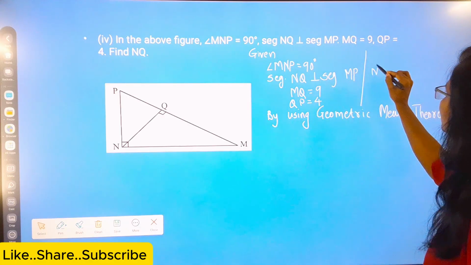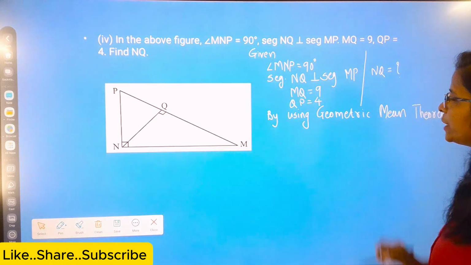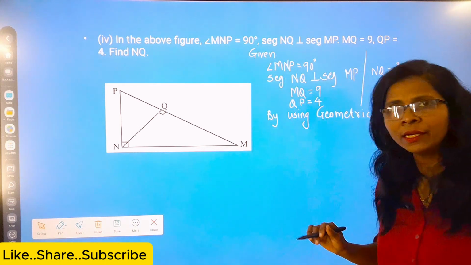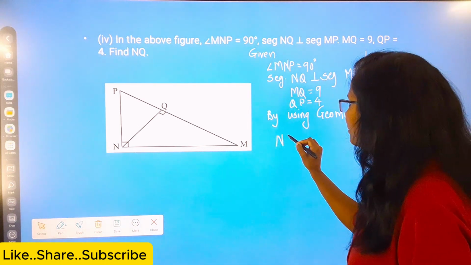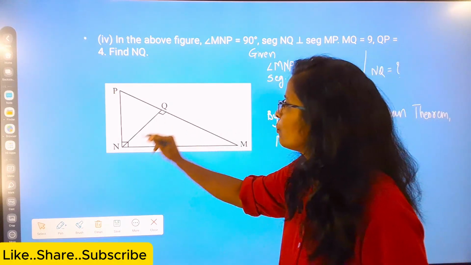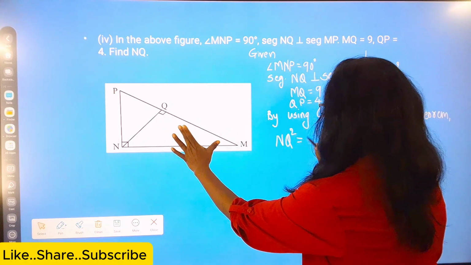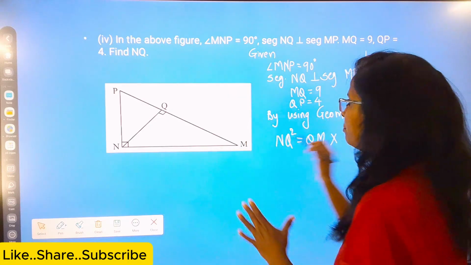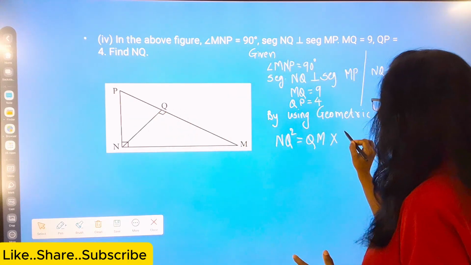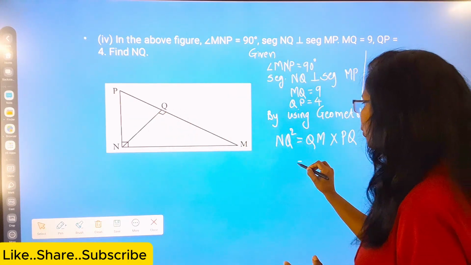So by using the geometric mean theorem, the NQ square is equal to QN multiply the PQ.